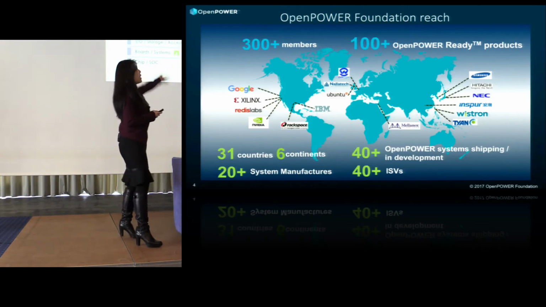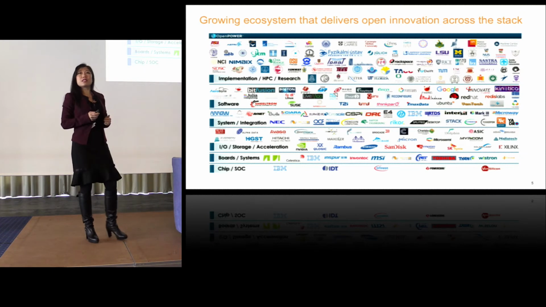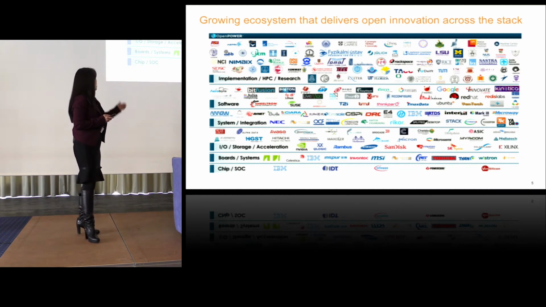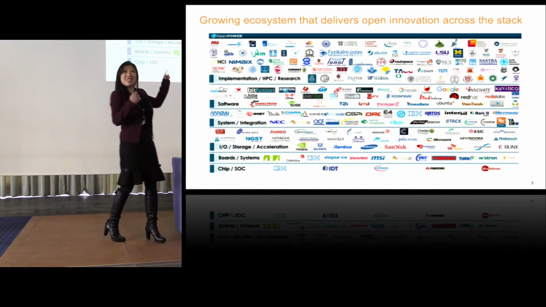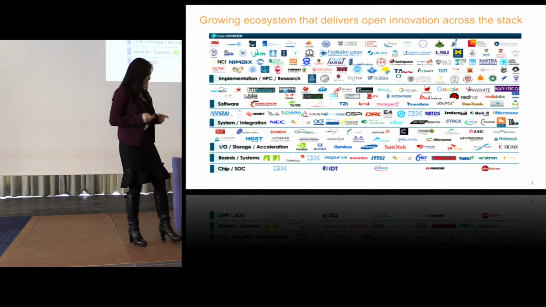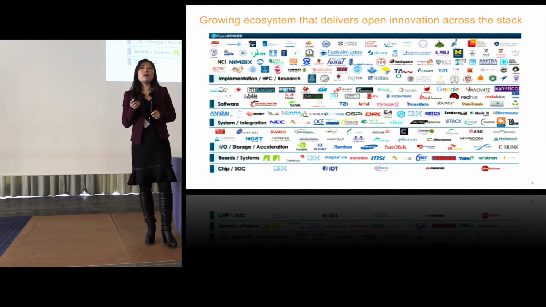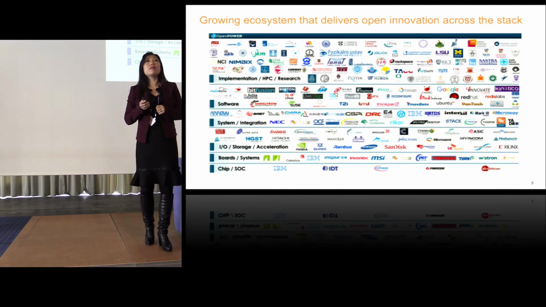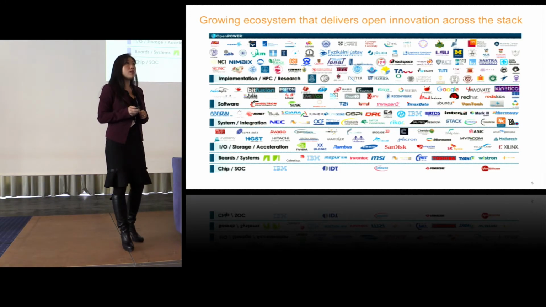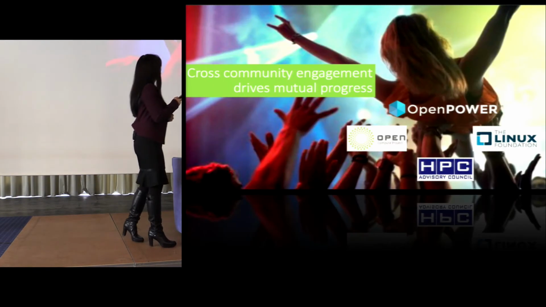So as you can see, we have innovations across the entire stack, from chip all the way to applications and HPC. Across the board, we actually see about 70 plus OpenPOWER members in Europe, a lot of them in the SI space, software space, and also HPC.